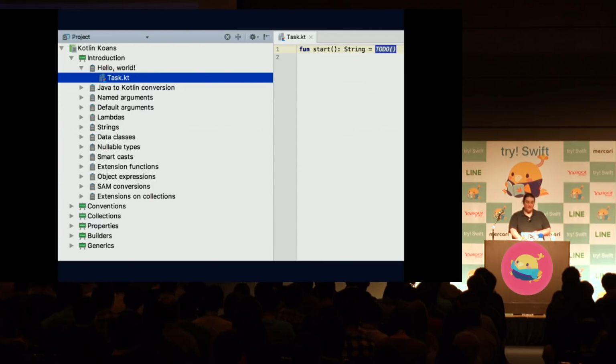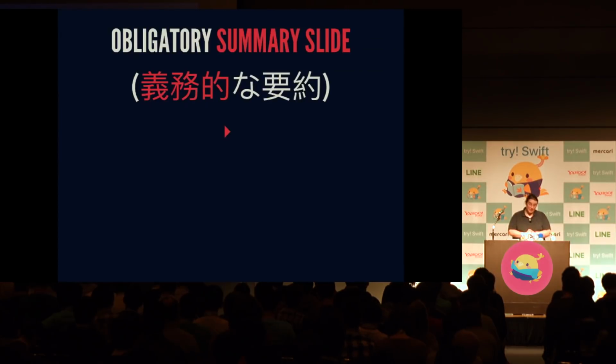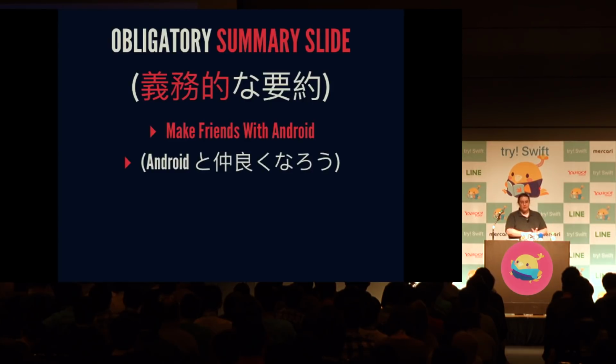And with that, we've come to the obligatory summary slide. I have a little bit less space than usual for this, since the translations take up a bit of space, so I'll keep this fairly simple. Kotlin allows you to be friendlier with your Android team, sharing your joys and your triumphs, along with your frustration and tribulations.